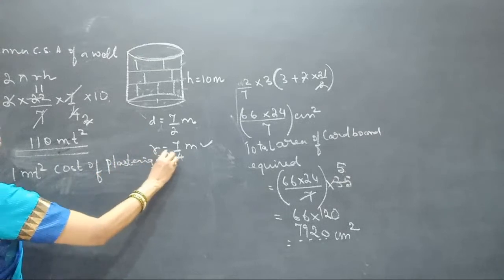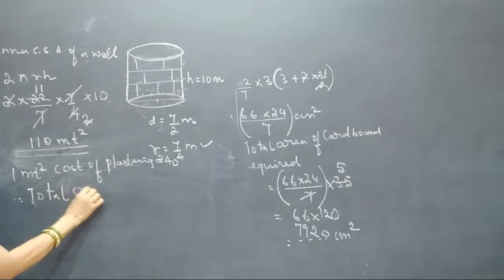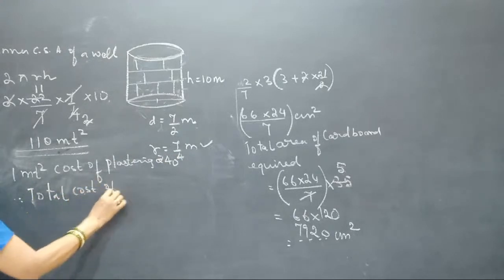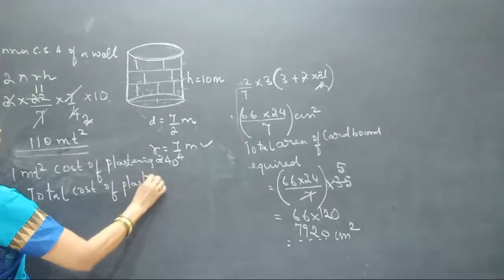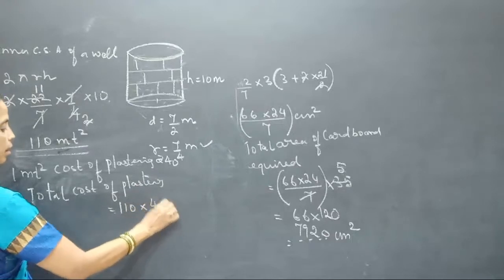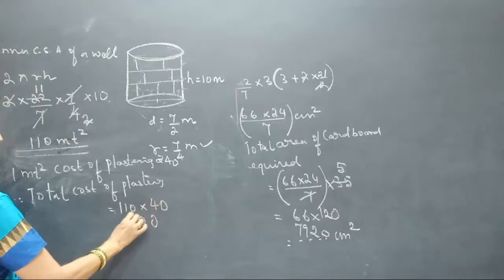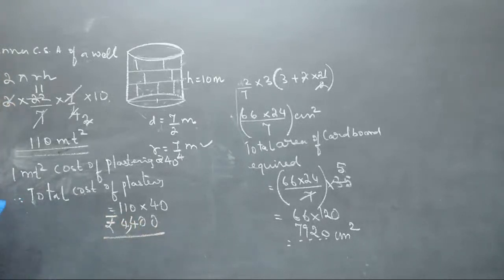Plastering is rupees 40. Therefore, total cost of plastering equals 110 into 40. You get 4,400 rupees.